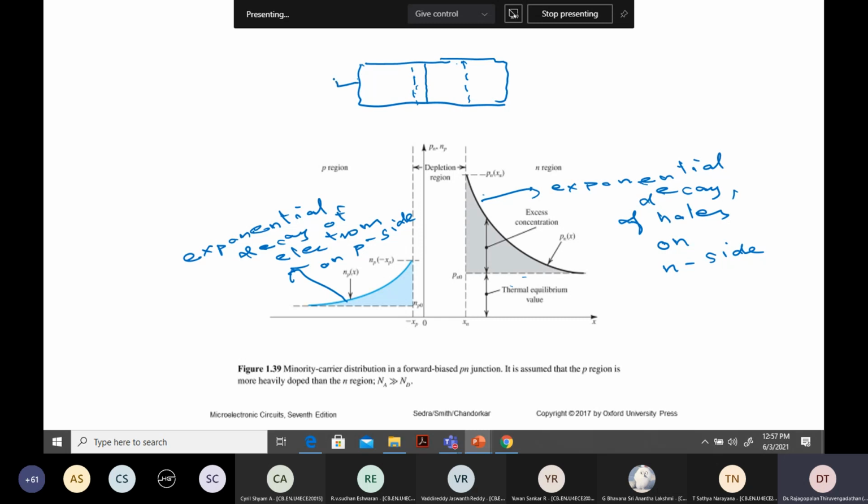Now forward bias, this is my P side, so P is connected to the positive and N is connected to the negative.